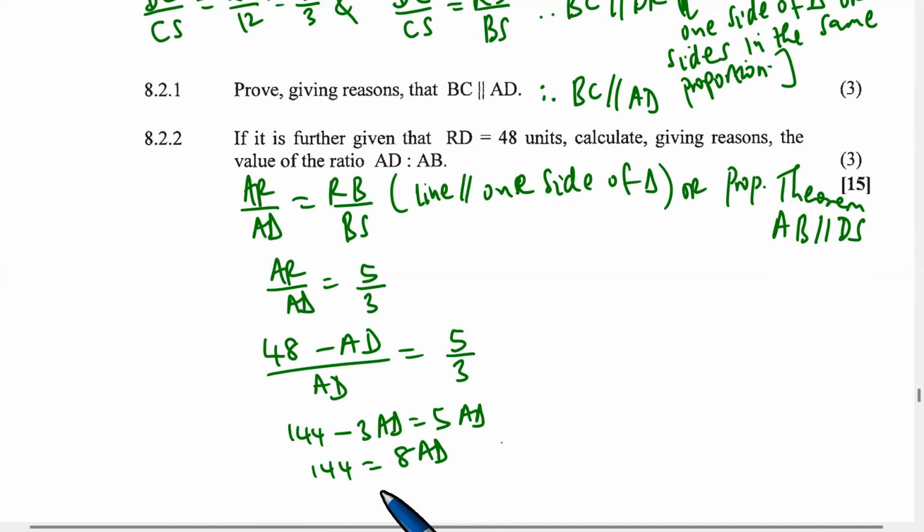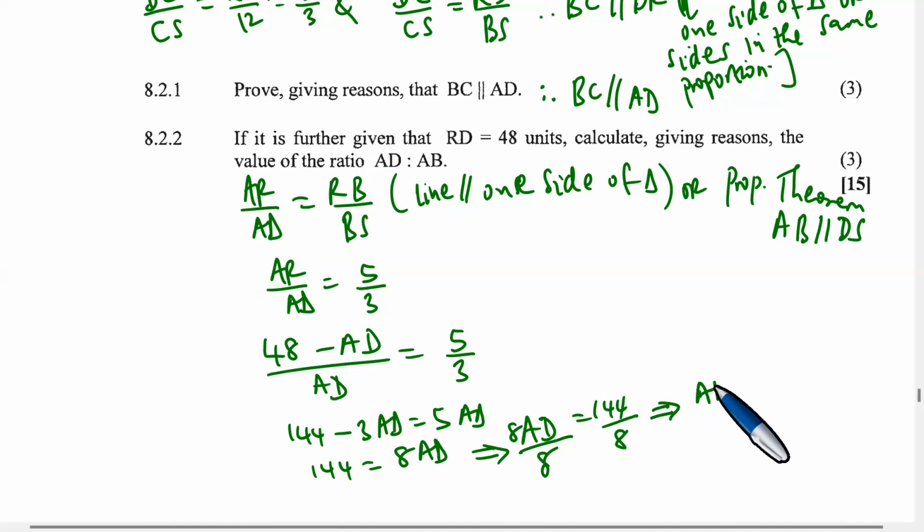You divide through by 8, which is 144 out of 8, and 144 divided by 8 is 18.